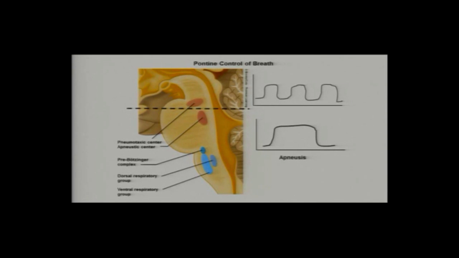But when the brain either can't receive that signal or it can't interpret the signal because of the brain injury, you get all top-down control. And you end up with these gasps because the apneustic center is prolonging that in-breath.